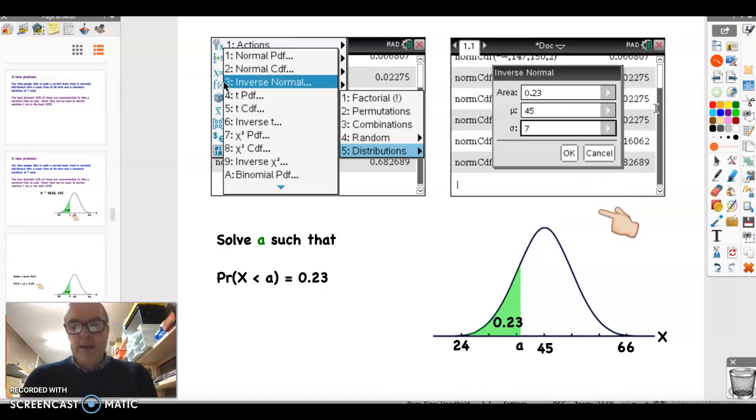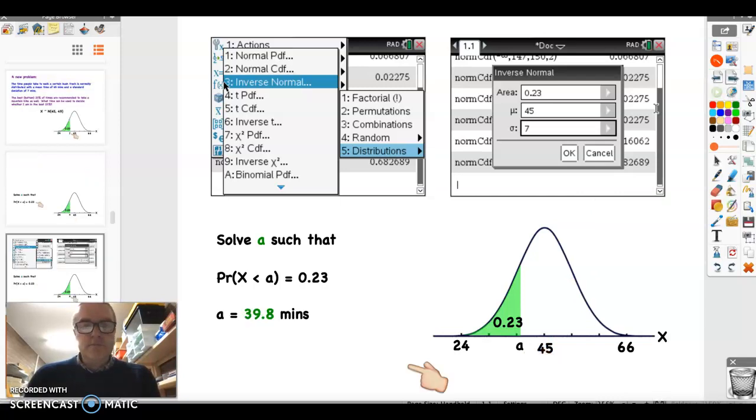Once we click OK, it's going to give me this value on the horizontal axis for that distribution. And it turns out for this particular problem, that value is 39.8 minutes. So on this bush track, if I was to take less than 39.8 minutes, because it's a normally distributed variable, that gives me the confidence that I would be in the best 23% of walkers on that track.